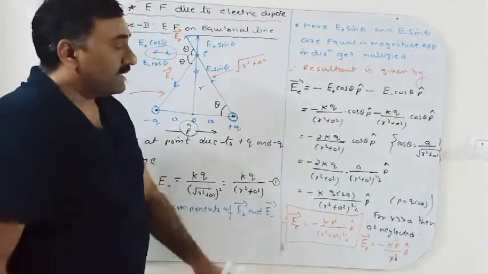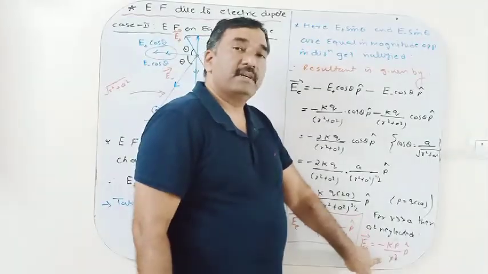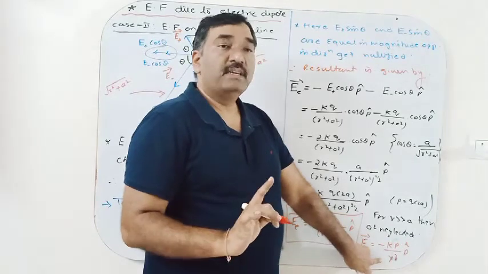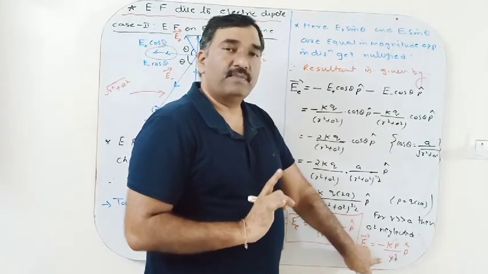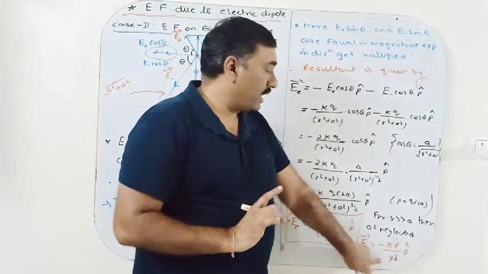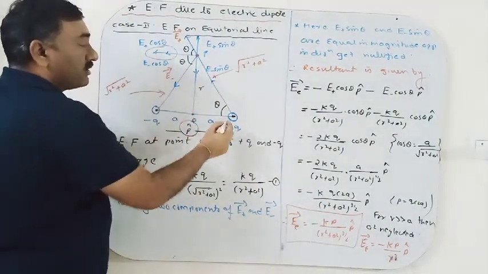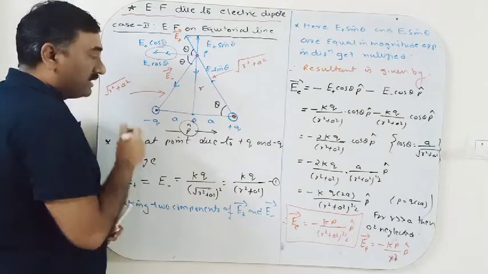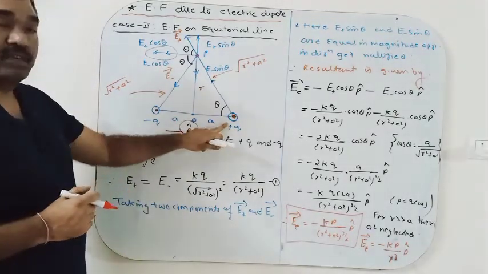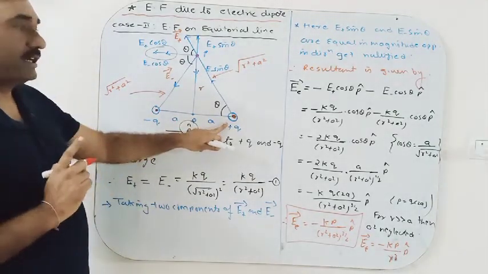So in this case also the electric field is inversely proportional to r cube. For the axial line also the electric field is inversely proportional to r cube. And we know that the direction of the electric field due to these two charges is always from positive to negative.